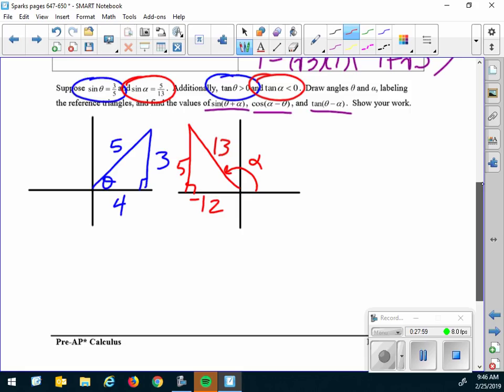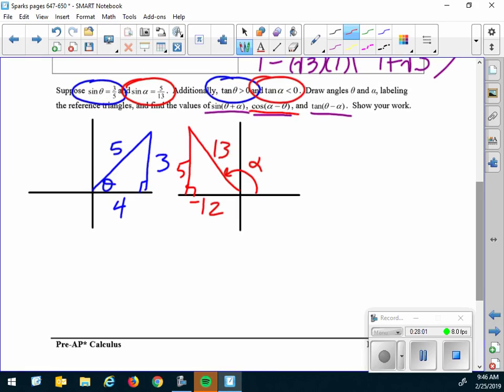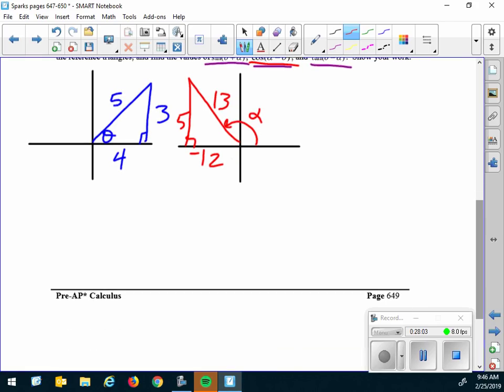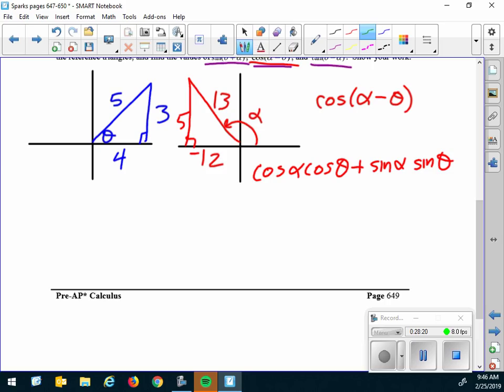I erased that. Now we'll go to the second one, which is cosine of alpha minus theta. Cosine of alpha minus theta. Now cosine with a minus, that's cosine alpha cosine theta plus sine alpha sine theta. Cosine alpha is negative 12/13.